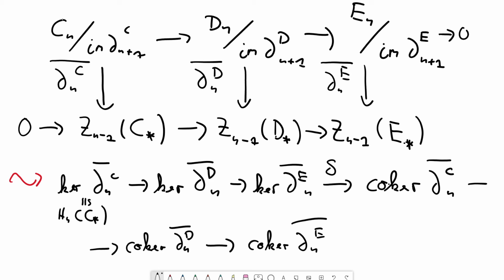Well, it means that a representative, so an element, an n-chain here, an element of C_n, must be mapped to 0 by this map d_n^C. But well, this means precisely that this map is, sorry, never mind. What do I want to say? I want to say that this is now cycles modulo boundaries.